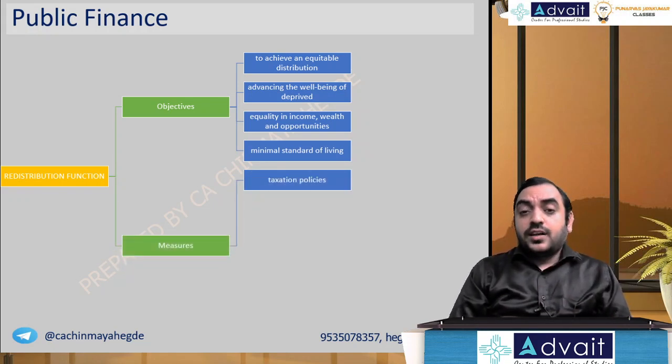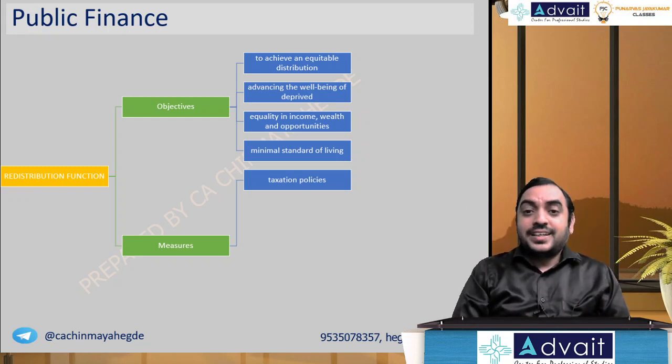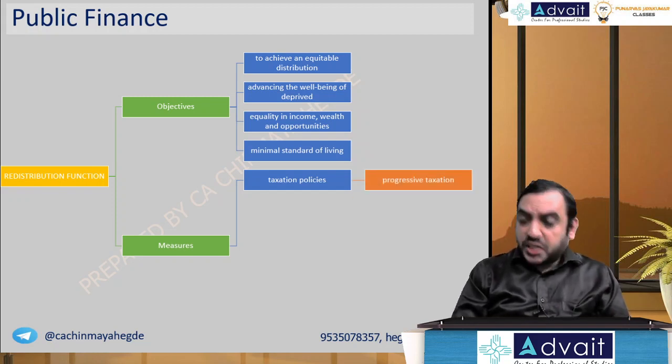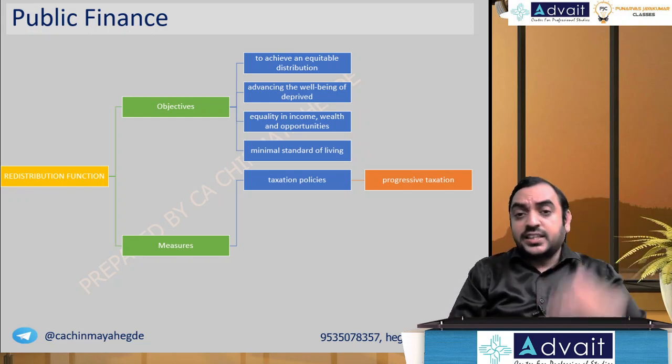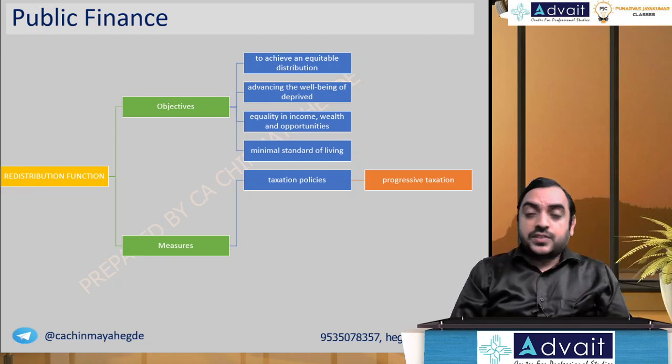What measures? Most important is taxation policy. Tax the rich. We call it progressive taxation. What is progressive taxation? I am sure you must be aware. Income tax slab up to 5 lakh, no tax. Above 5 lakh, you will pay 20%.